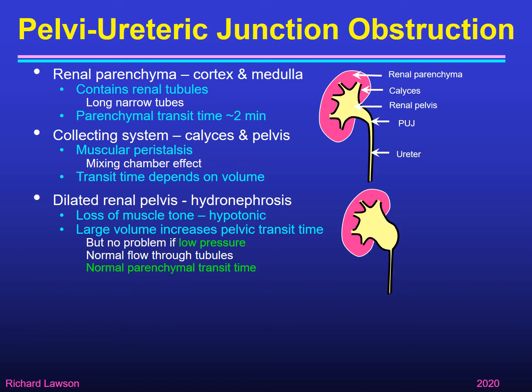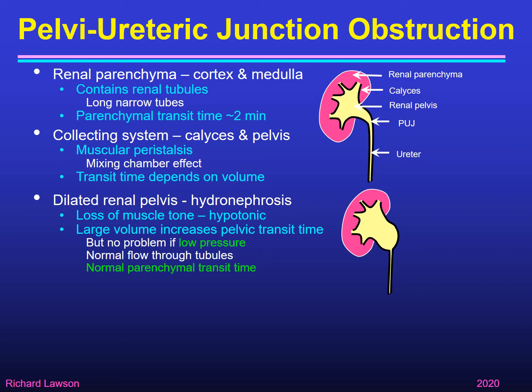So if we've got a dilated renal pelvis, a large volume pelvis as shown here, and this is a condition often called hydronephrosis, just meaning a large dilated collecting system, the muscles here may have lost their tone.